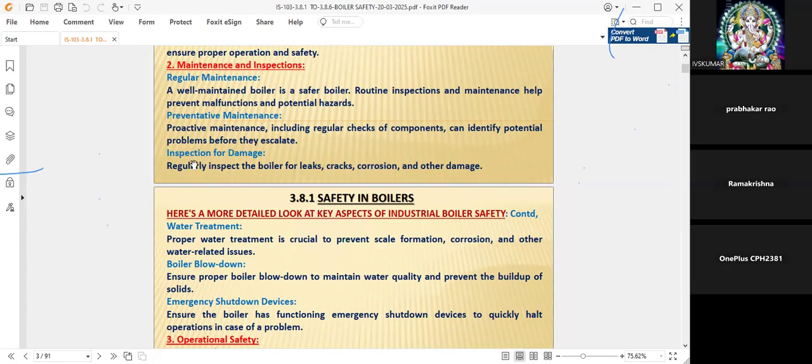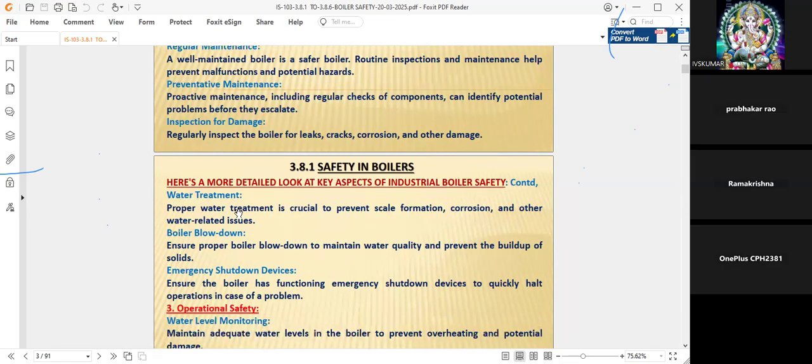Extra fees have to be paid to the boiler inspector, apart from the regular yearly inspection. That has happened in some industries. You only have to request the inspector of boilers, pay the extra registration fees, and request the gentleman to come and give the clearance for running, if any maintenance was attended to by the internal people.